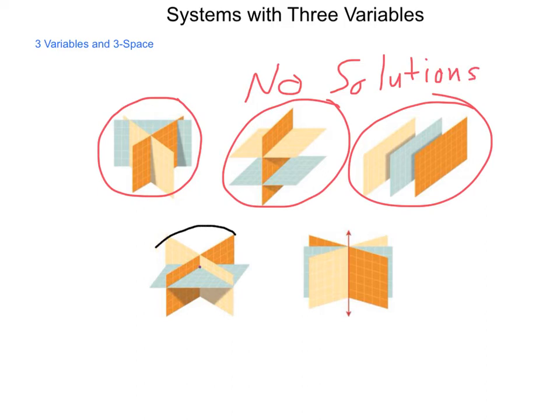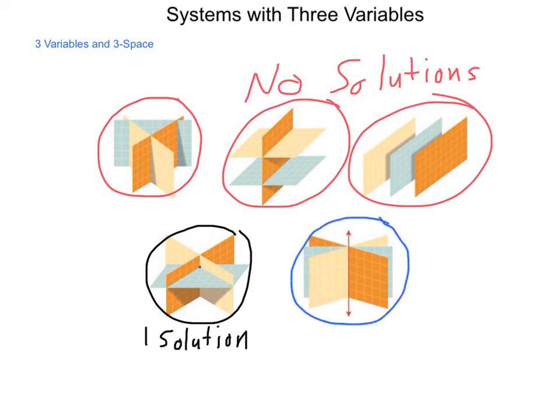In this one, we can see that there is one solution where all three of the planes coincide. As we look at the last one, all three of the planes share a single line together, and so what we end up with is an infinite number of solutions.